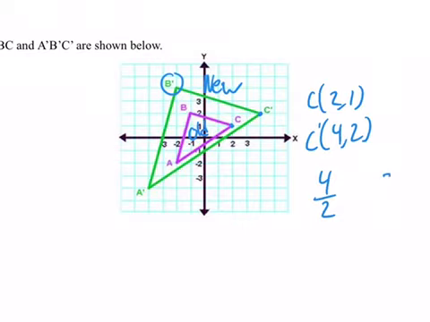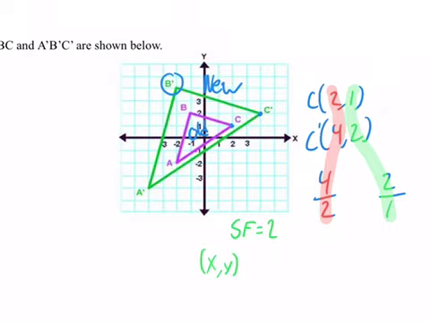Just to clarify, these numbers right here are the ones that I was using, and these numbers here are the ones that I was using. Either way, I'm going to get a scale factor of 2. So if my scale factor is 2, my algebraic representation will look like this: x, y from my original points are going to be changed by doing 2x and 2y.